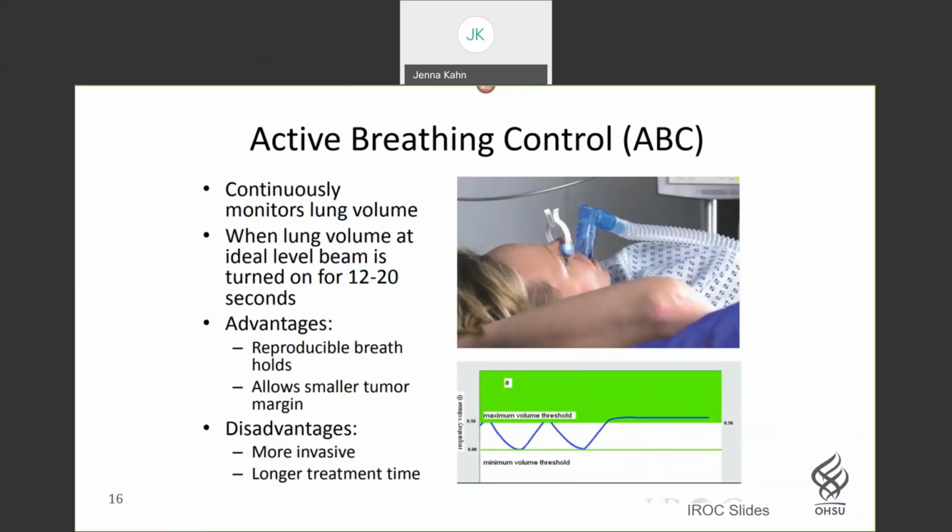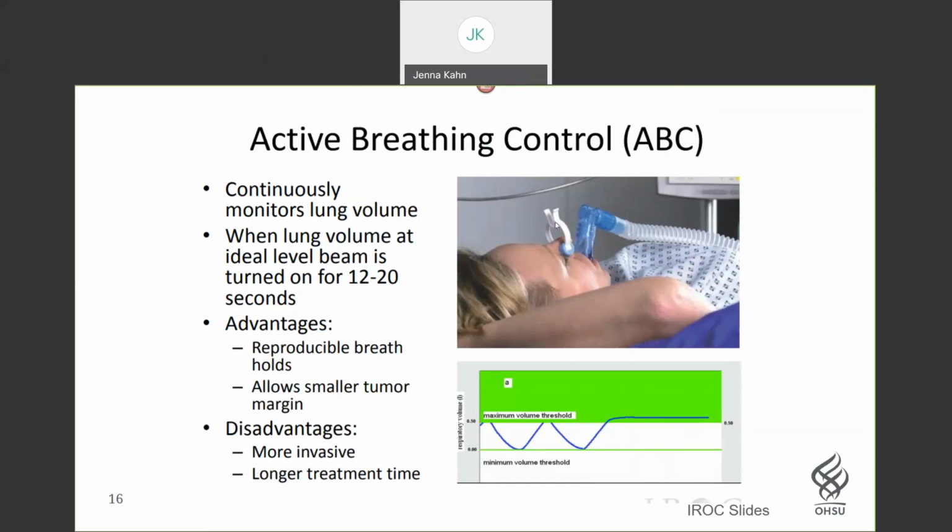The advantage to it is that we have reproducible breath holds. It allows us to treat a smaller tumor volume or margin. And the disadvantage is it's a little more time intensive. It's a little harder for some patients to do, but it can also cause longer treatment time.